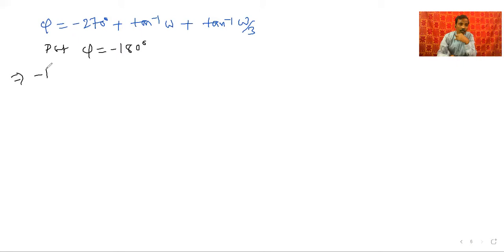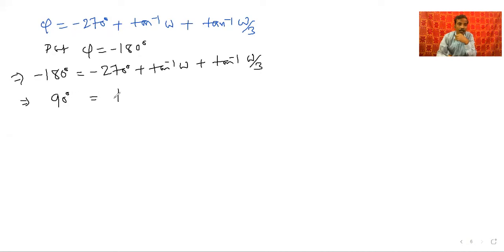Then we get minus 180 degrees equals minus 270 degrees plus tan inverse omega plus tan inverse omega by 3. Then this is 90 degrees, equivalent to tan inverse of omega plus omega by 3 over 1 minus omega into omega by 3.